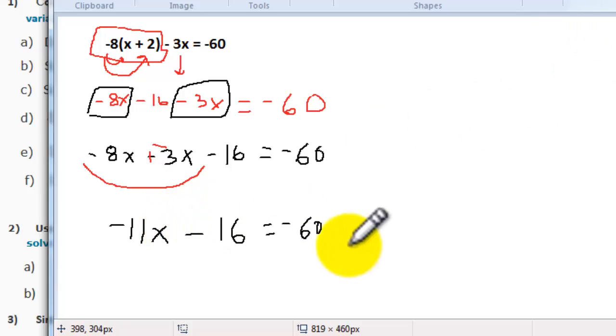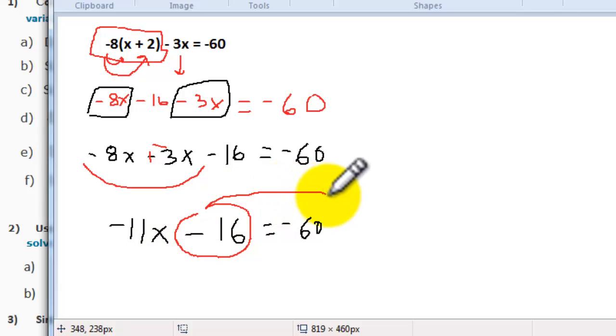What we have to do now is isolate the x. So the first thing we do is take this number and we're going to try to get it over here. So we do that by, this is minus, so we add the opposite, well, we add 16 to both sides of the equation, because you have to do the same thing to each side of the equation. And that cancels out the 16.